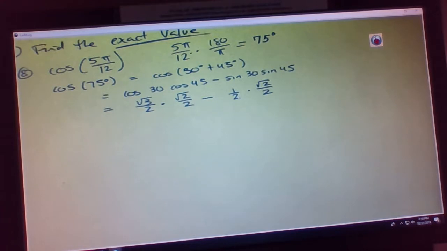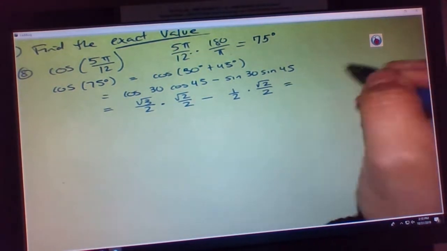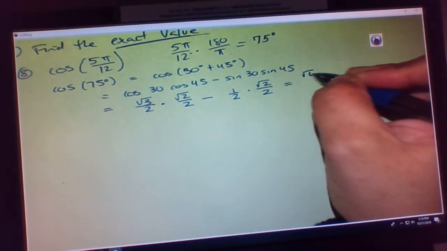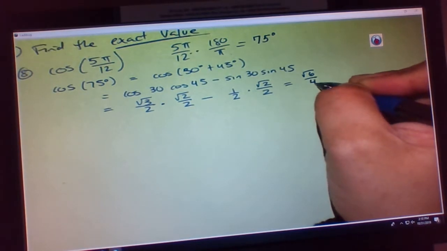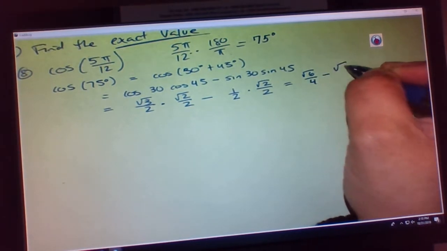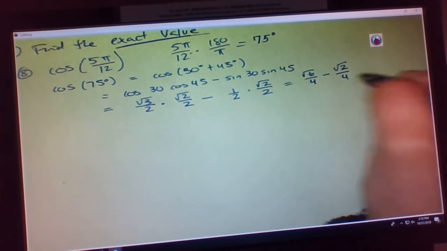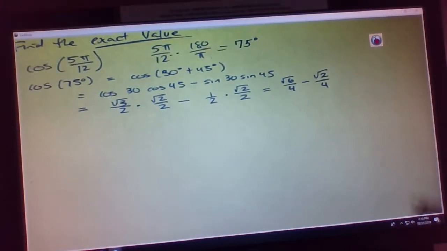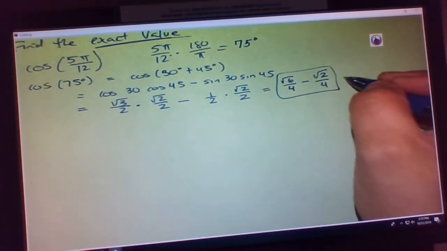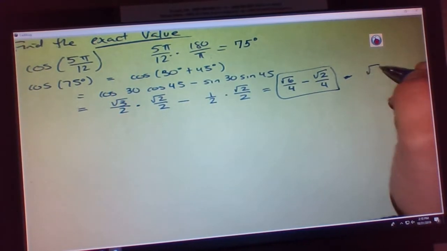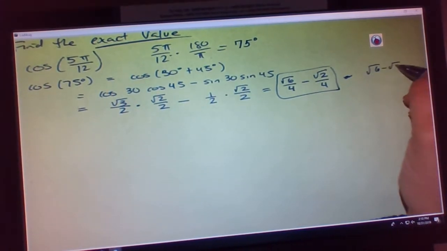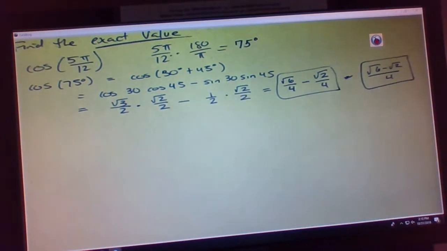And this here becomes square root of 6 over 4 minus the square root of 2 over 4. You can keep it like that, or square root of 6 minus square root of 2 over 4. Write it down as 1.